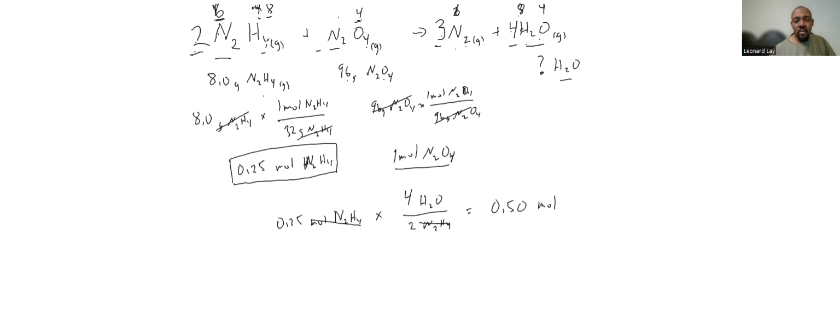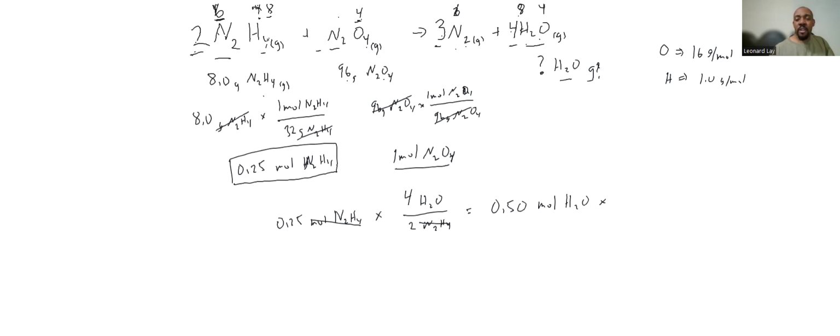And so, because they're asking for the mass of water, they want grams of water. So what we do is we say, how many grams of water is in 1 mole? Well, water is made up of 2 hydrogens and 1 oxygen. Oxygen has a molecular weight of 16 grams per mole, and hydrogen has a molecular weight of 1.0 grams per mole.